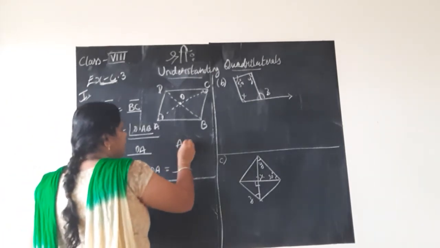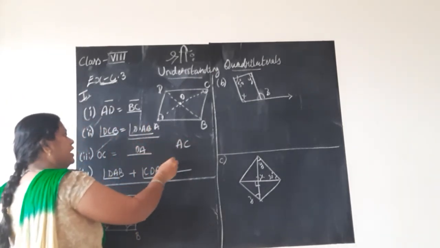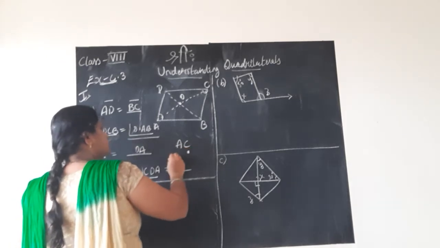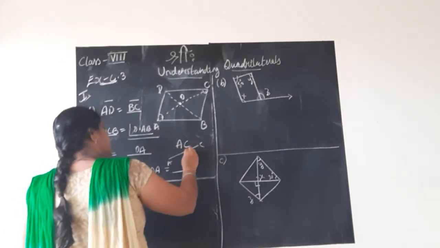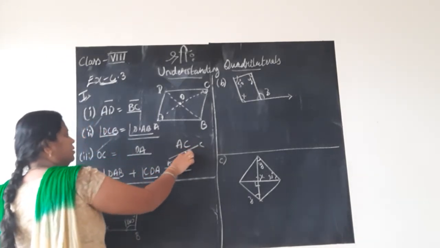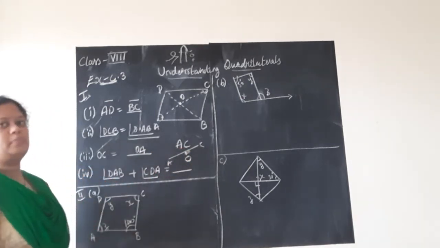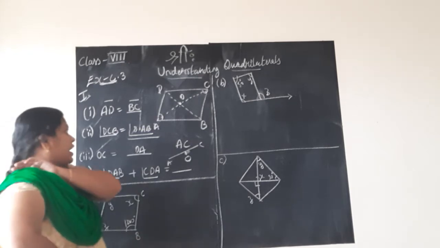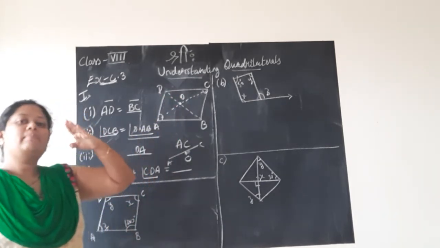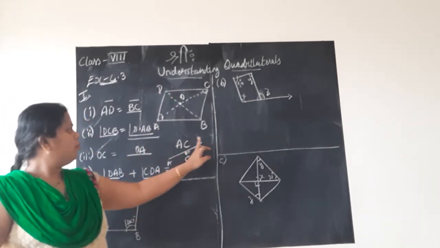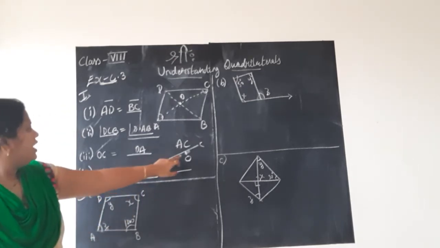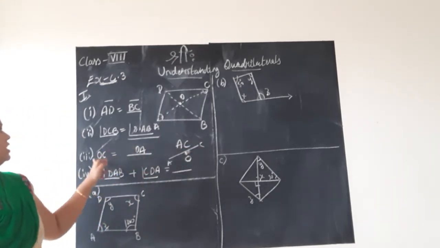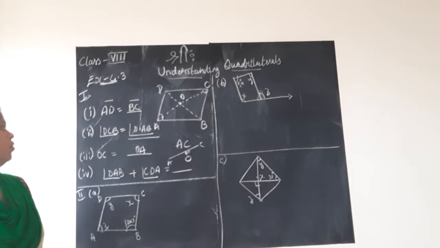AC is the whole diagonal, and the whole diagonal's intersecting point is O. So line AC is intersected at point O, and O acts as the midpoint. We have studied one of the properties of parallelogram, no? That is, the diagonals of the parallelogram bisect each other. So it is AO plus OC, meaning OA is equal to OC. That is the reason we wrote OC is equal to OA.